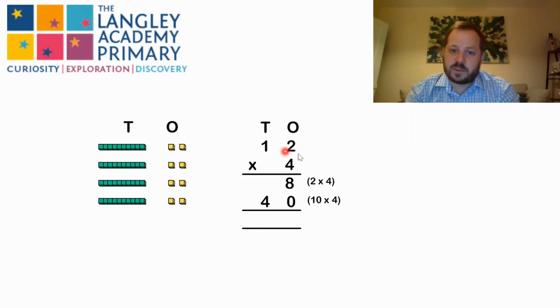The first is we times the ones column by 4. That's 2 times 4, and you can see that is the ones column. So that there is 8, because 2 times 4 equals 8.